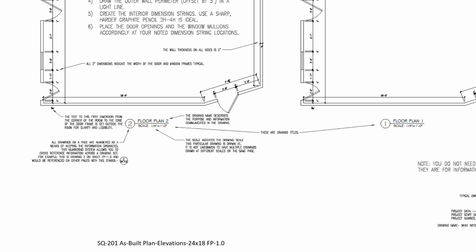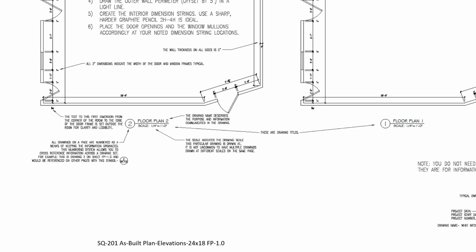But it's placed there for clarity and legibility. If that 3 3/4 was left over here, it would be conflicting with the 2. It's too close to the line work for the walls. So it is set outside the room, directly straight, perpendicular from the dimension string itself. So that is an acceptable form of annotating a document and shifting things around as necessary.